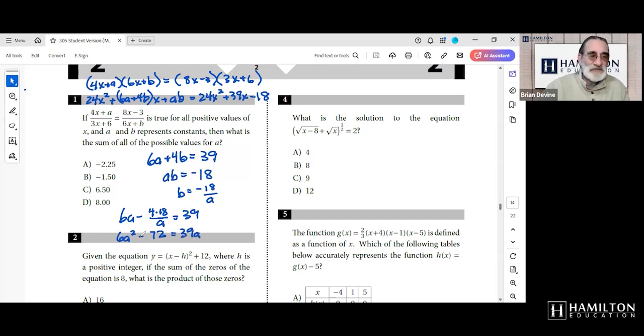Subtract 39a from both sides, and I'm going to find that a can equal 8 or negative 3 halves. And if I take the sum of those two, C is my only choice for an answer, 13 halves or 6.5.